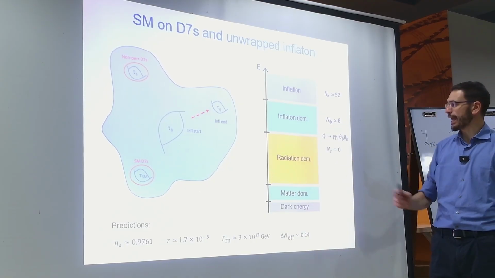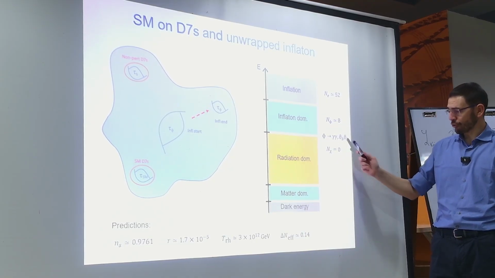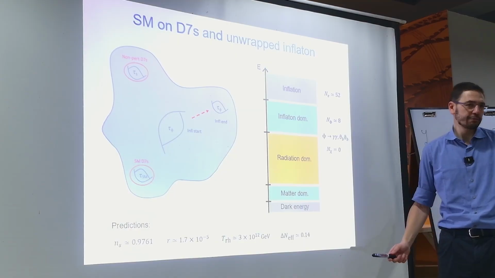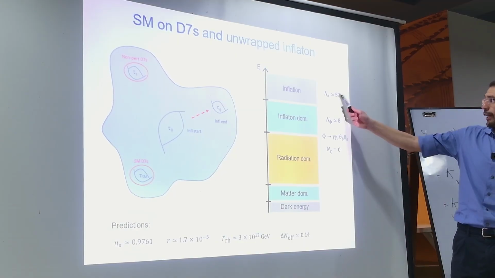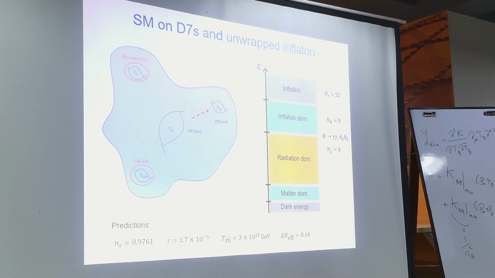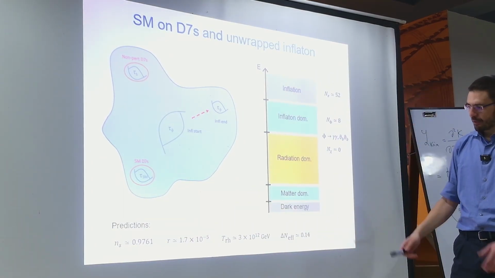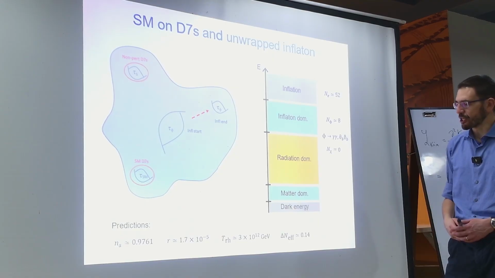However, now when phi decays, it decays also into axions, and we computed exactly, that's another prediction. In this model, delta N_eff is 0.14. In this scenario, the number of e-foldings becomes 52. It's not 53, but it's pretty similar. And the predictions for n_s and r are rather similar.